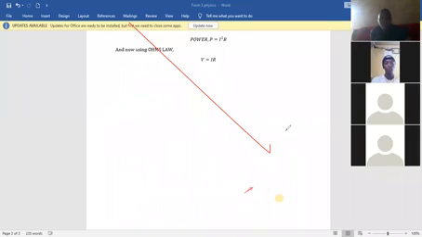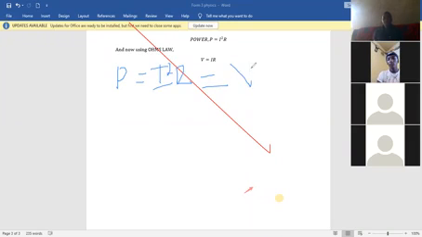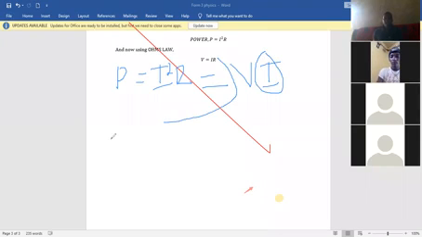So far we have P is equal to I squared R, and it is also equal to V I. I want to substitute for I. From Ohm's law, I is equal to what? I is equal to V over R. Good.